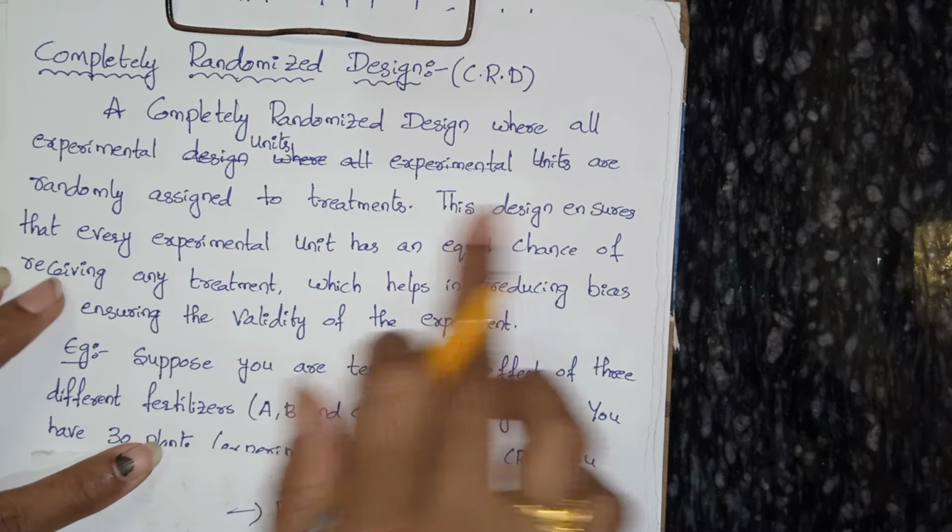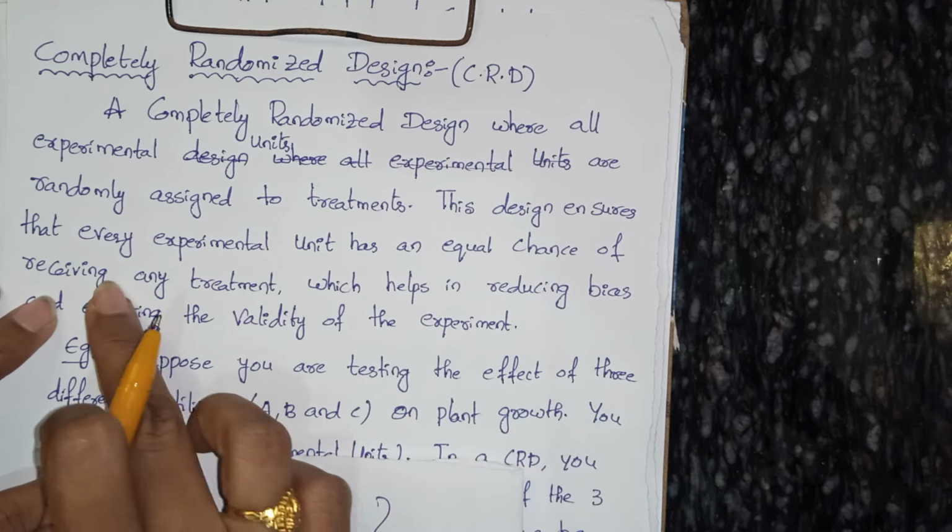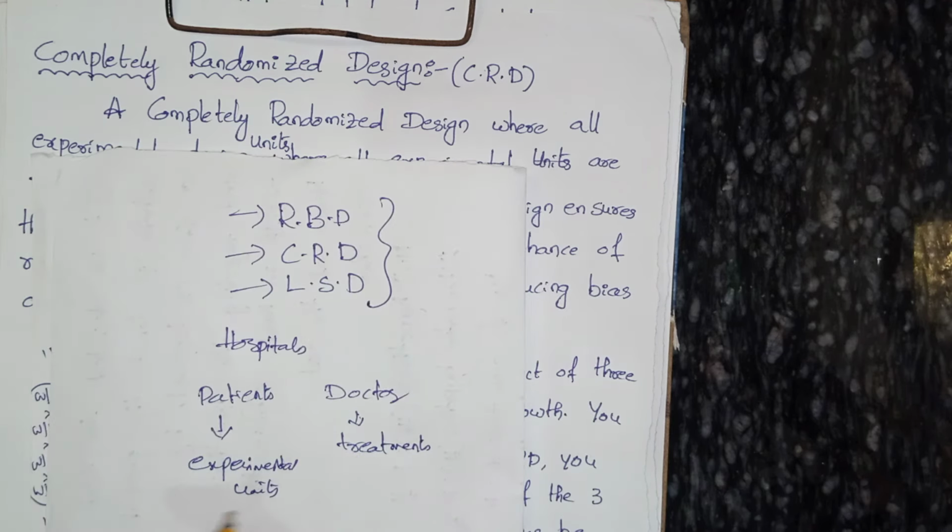This design ensures that every experimental unit has an equal chance of receiving any treatment. As I told you, the three patients may receive any treatment. There are equal chances. It is not that the first person should receive the medicine, the second the syrup, and the third the injection. There is no pattern. Randomly he selects the patient and gives the treatment.